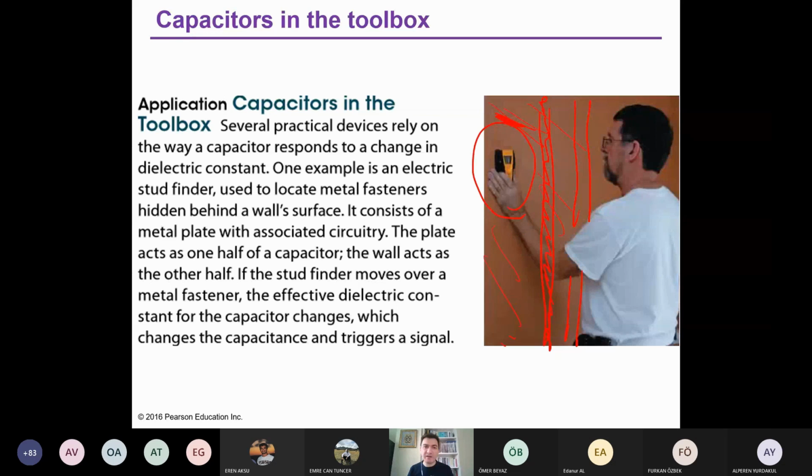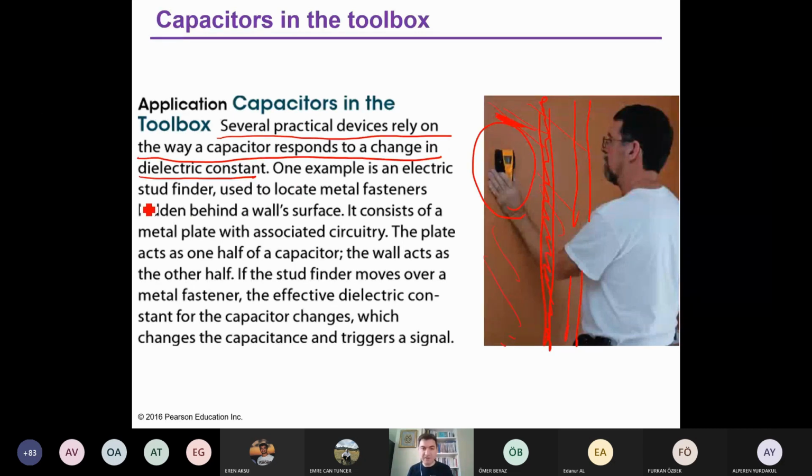Several practical devices rely on the way a capacitor responds to a change in dielectric constant. One example is an electric stud finder used to locate metal fasteners hidden behind a wall surface. It consists of a metal plate with associated circuitry.